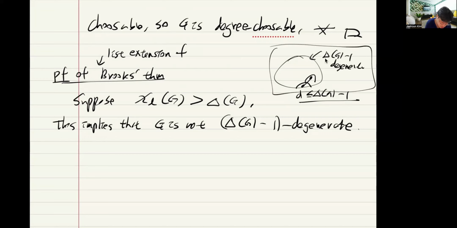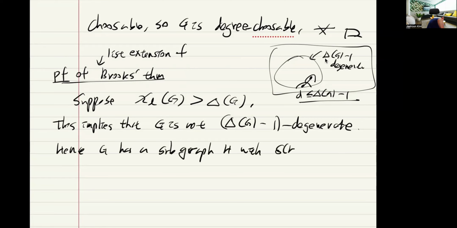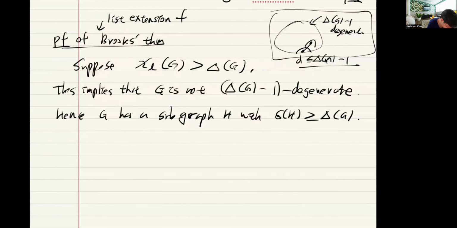The only case that this is not delta minus 1 degenerate is that it is delta regular. Let me write it this way. Hence, G has a subgraph H with minimum degree at least delta of G. Otherwise, this is delta minus 1 degenerate. Thus, H is delta of G regular.